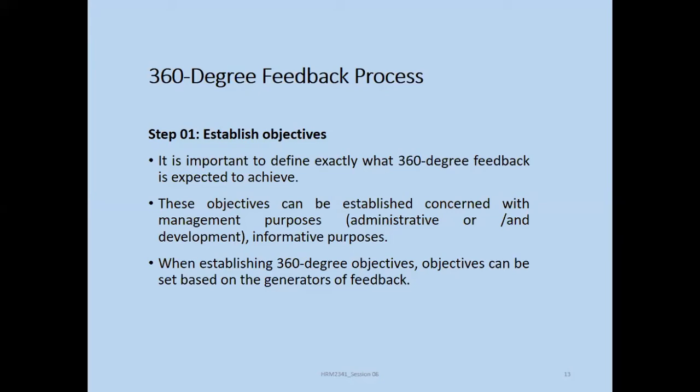In here also it is important to establish objectives. We are going to collect performance feedback from several sources, multi-sources.